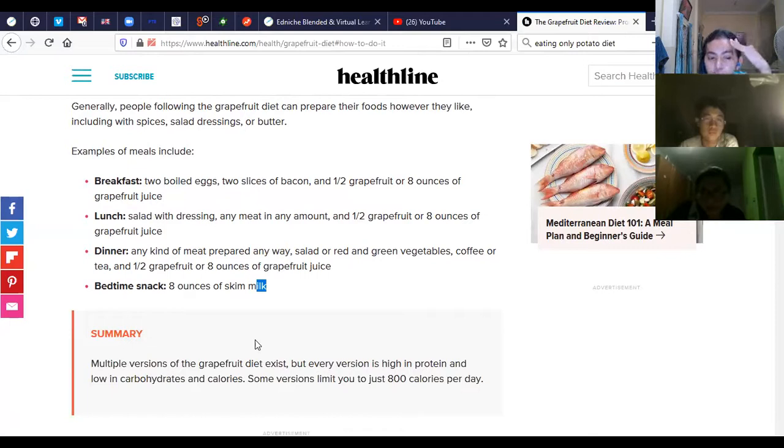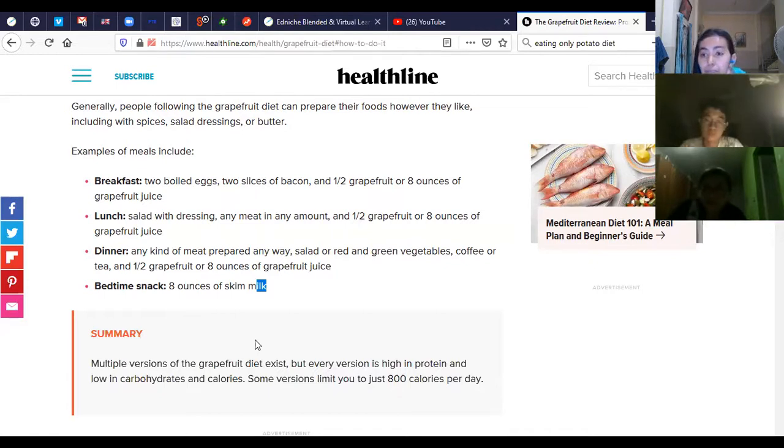We have groups of people that are lactose intolerant, meaning if they have normal milk, they will have diarrhea. Lactose-free milk is normally very expensive in the supermarket because they have to further process the milk. So people who cannot tolerate lactose can consume milk, and they will have calcium in the body as well.